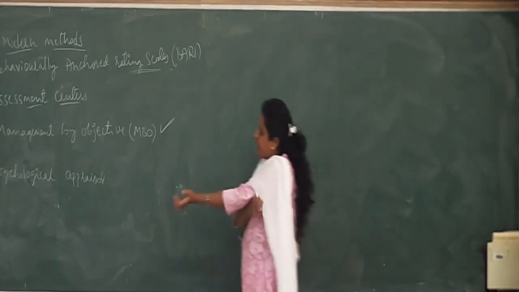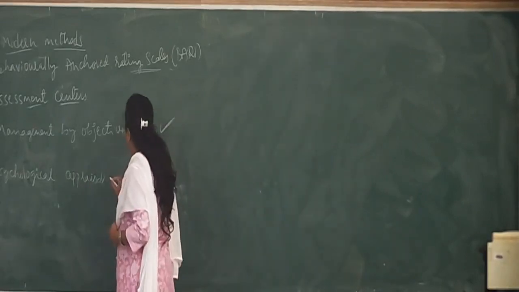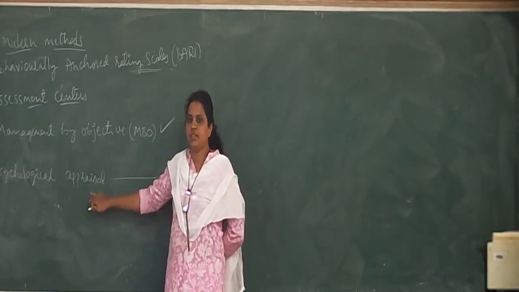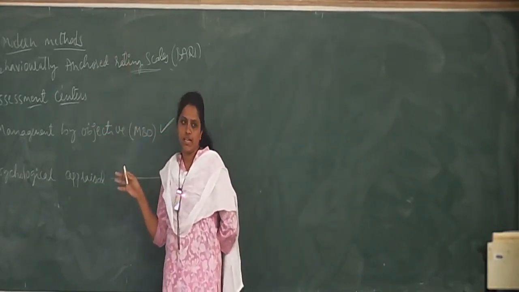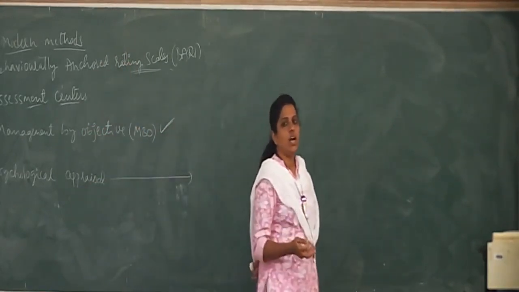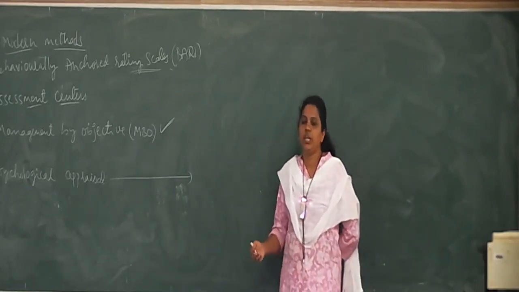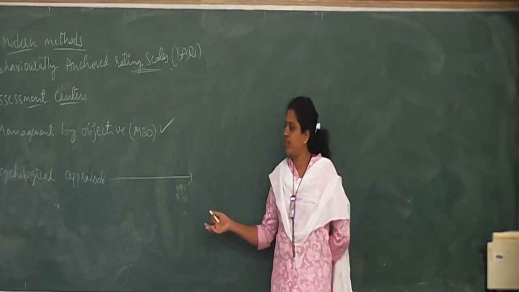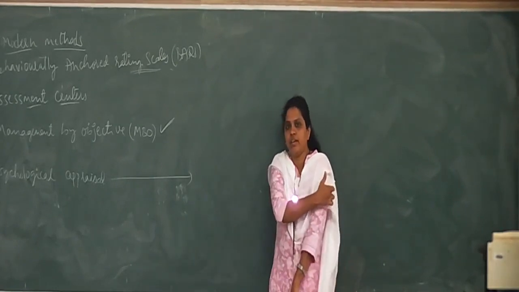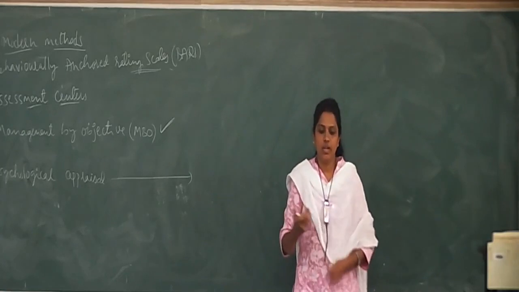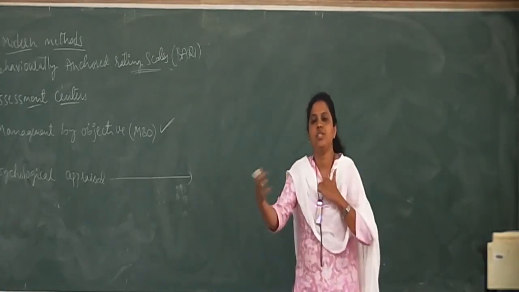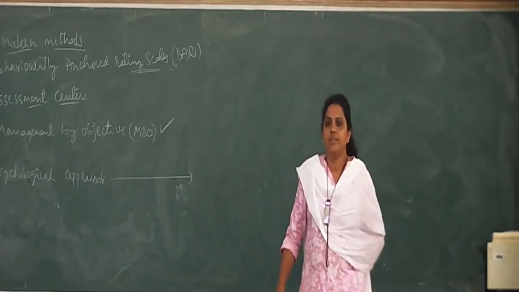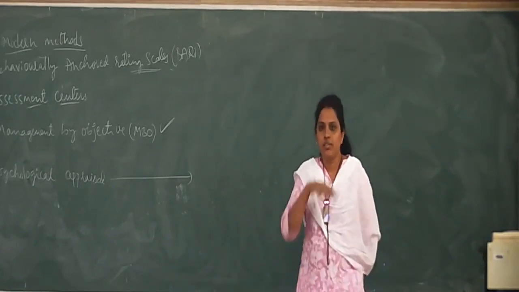So there is one big difference between all the other methods and this method. All these methods are used to evaluate or assess the past performance of the employee. So how are you going to evaluate the future performance of the employee, or future potential of the employee?